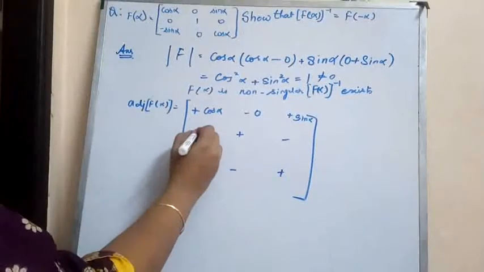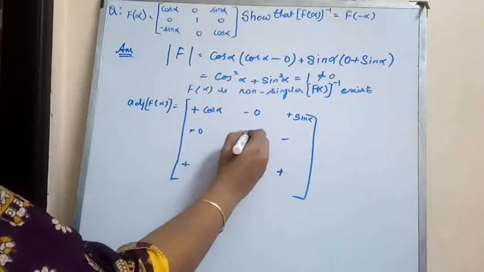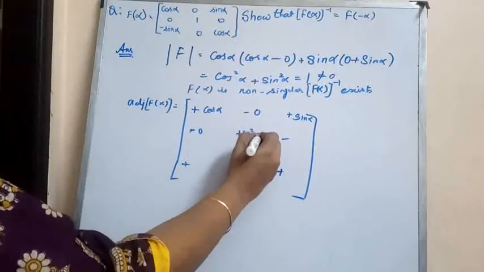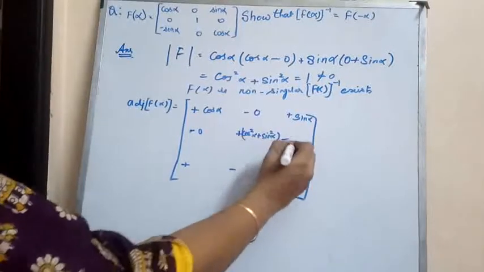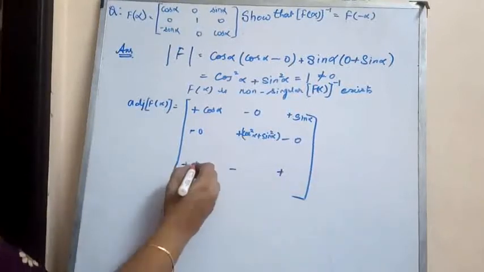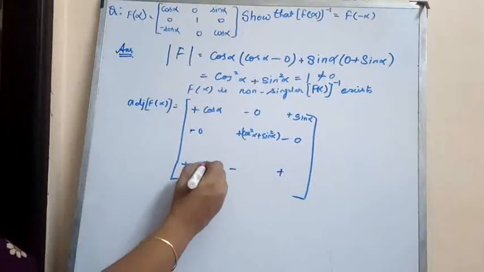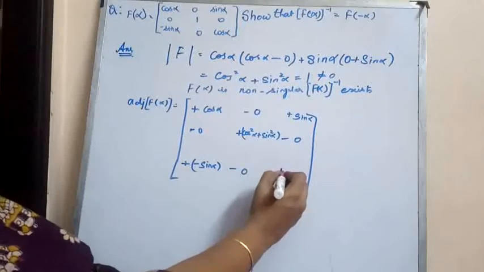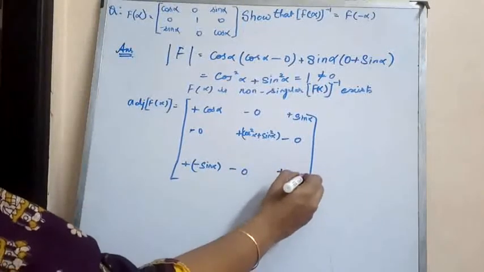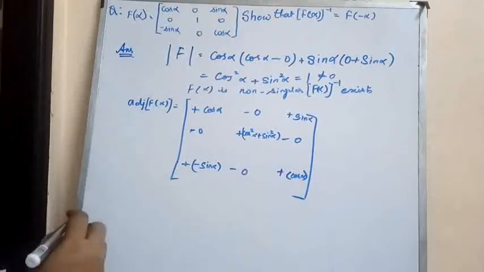So for here, this is cos squared alpha plus sine squared alpha. Here it is 0 again. Here minus sine alpha. Here it is 0. Here for the last value it is cos alpha.